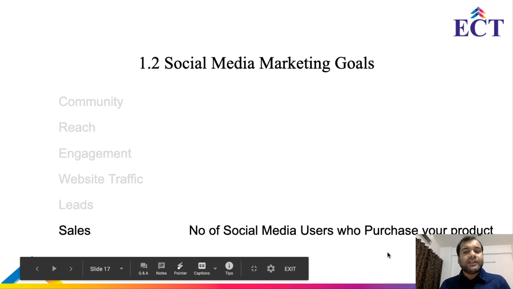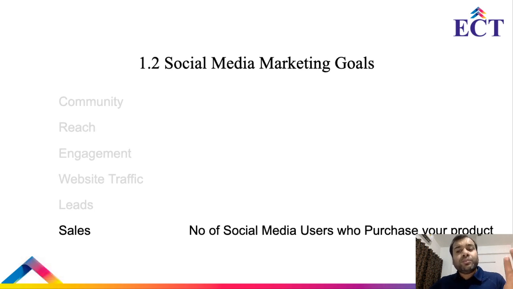And then finally sales, the number of social media users who purchase your product by looking at your social media content or advertisement or whatever you post on social media. These are the 6 parameters that we set as a goal, the goals that we want to set for the next 6 months.